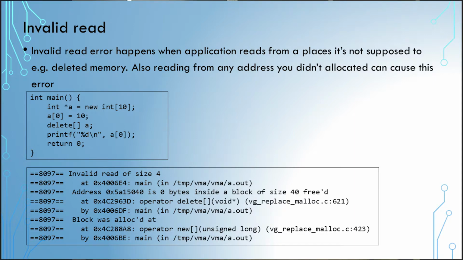It might work because maybe it wasn't really deleted yet by glibc or whatever allocator you're using, but it is considered undefined behavior, of course. Valgrind will tell you that this block was allocated somewhere in this line, it was deleted somewhere here, and you're trying to read it over there. So it will tell you about those.